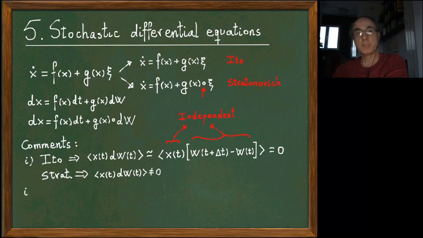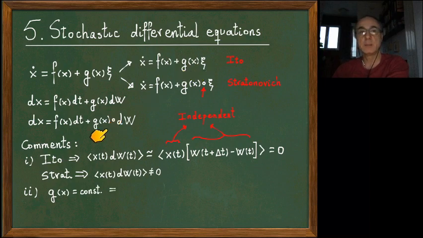The second point is that if this function accompanying the noise is constant, well, you can see here, if we go from the differential equation to the integral, what we get here is the integral of dW.